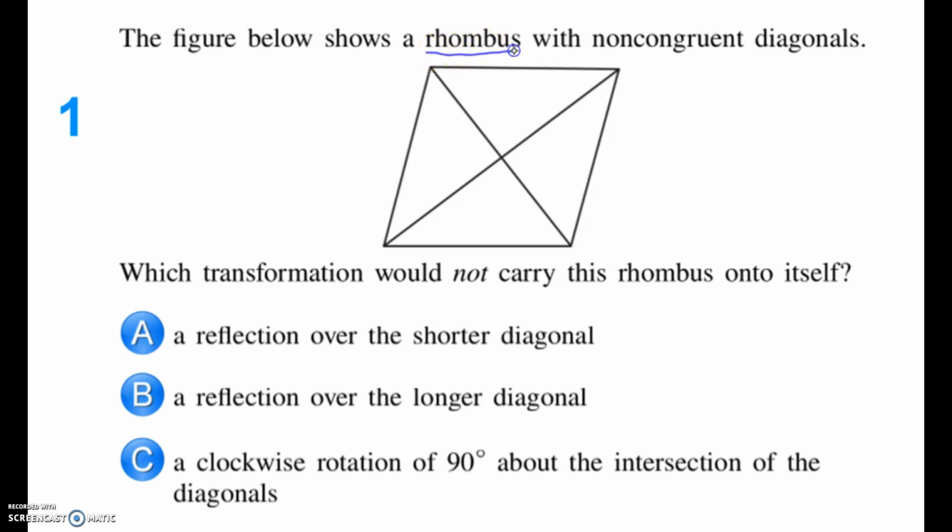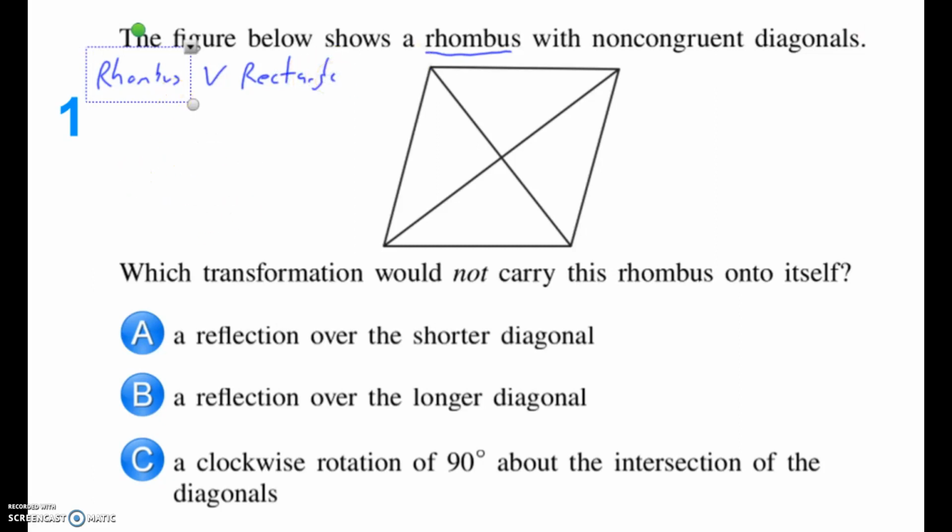So if we're discussing the rhombus, a lot of these parallelogram property questions stem from the difference between a rhombus and a rectangle. So let's take a quick second and review the rhombus versus rectangle relationship.